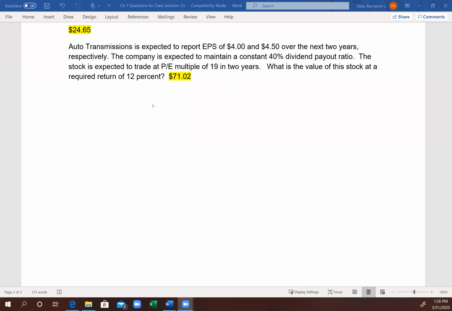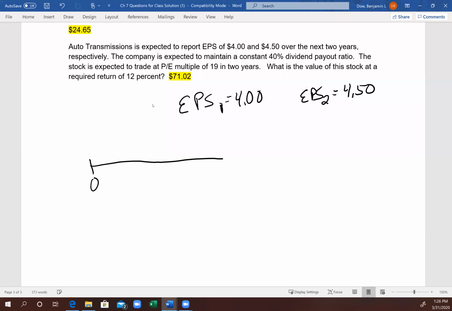All right, so with auto transmission, what we have now is earnings per share in year one of $4. And we expect earnings per share in year two to be $4.50. Okay. And out of these earnings, we expect the company to pay 40% of the earnings as dividends. Okay.